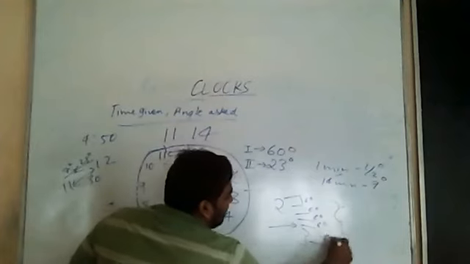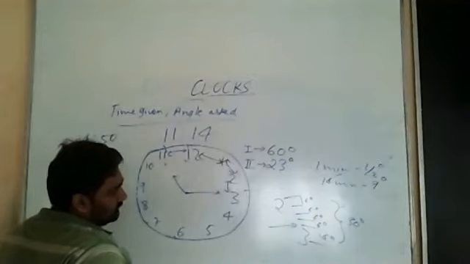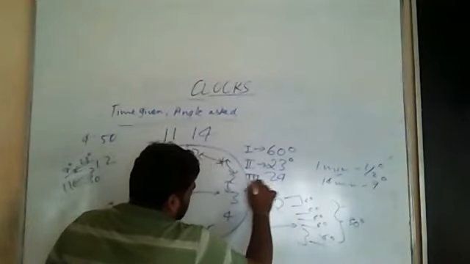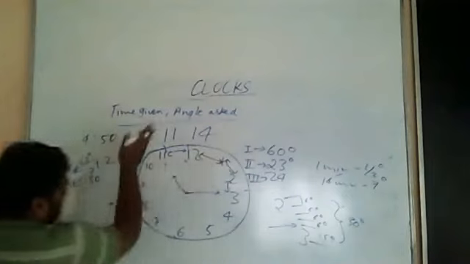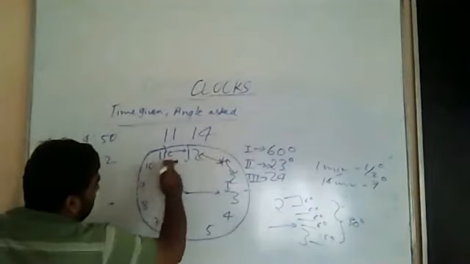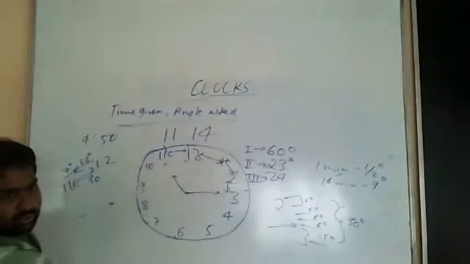That is why this is 30 degrees. So 6 plus 6 plus 6, 24 is covered, and the remaining 6 is what I am interested in, the part yet to be covered. This total will be 107.